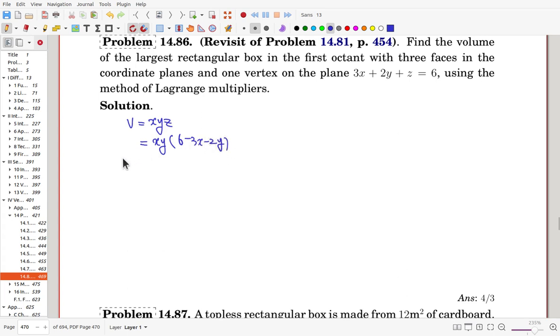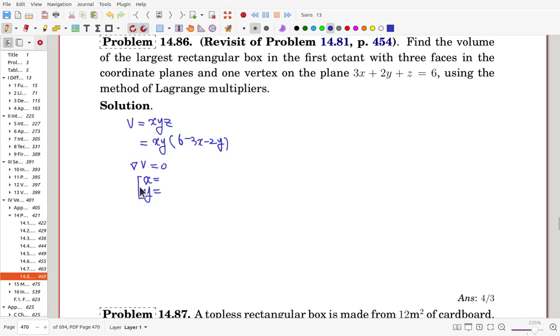And then from here, the gradient of f, in fact the gradient of v, is 0, 0, and from this one we try to find x and y. That's what we did, and the computation is a little bit complicated.